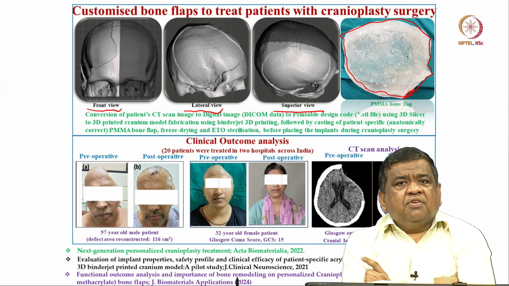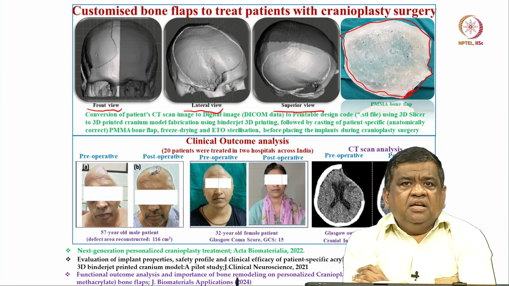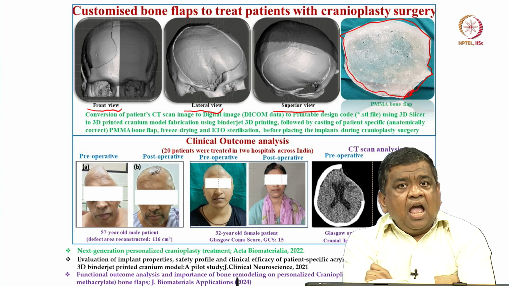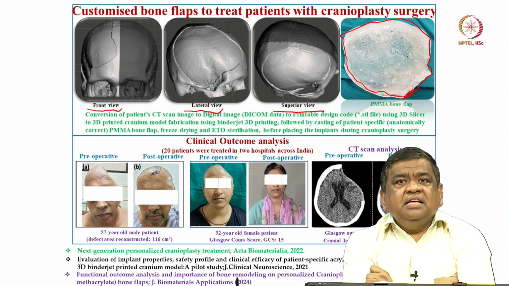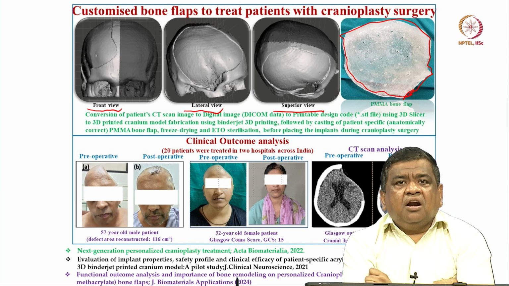Decompressive craniectomy means some part of the cranium is surgically cut to manage the intracranial pressure, ICP, and this temporarily stabilizes the patient before the patient undergoes cranioplasty surgery, which is a reconstructive procedure.